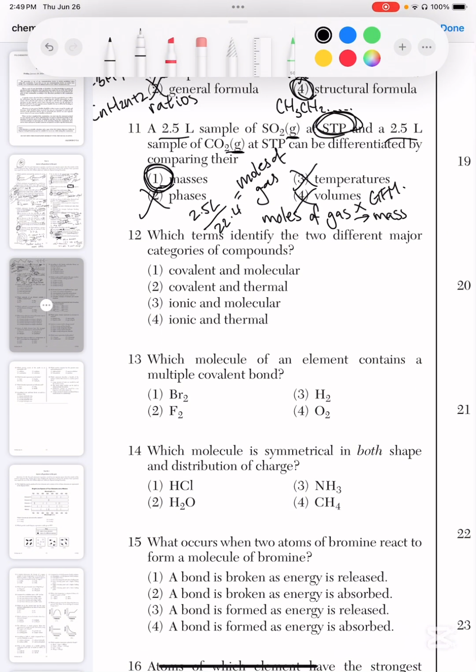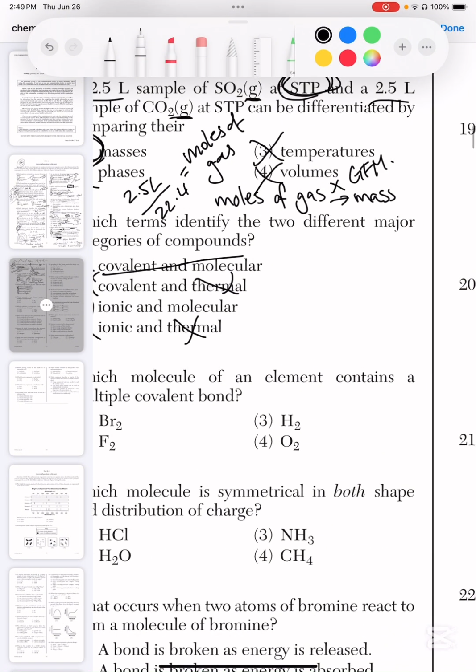Yeah. Which terms name two different categories of compounds? Okay. These are the same, covalent and molecular, pretty much used interchangeably in Regents Chem. Thermal is not a category of compounds, I don't think, so it's just ionic and molecular.